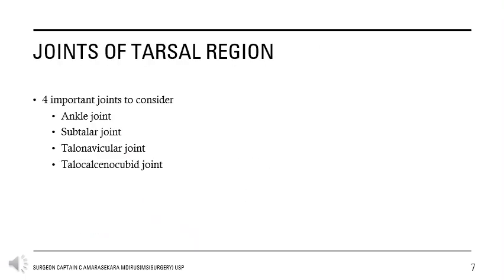So these are the four important joints to consider in the tarsal region: ankle joint, subtalar joint, talonavicular joint, and talocalcaneocuboid joint.